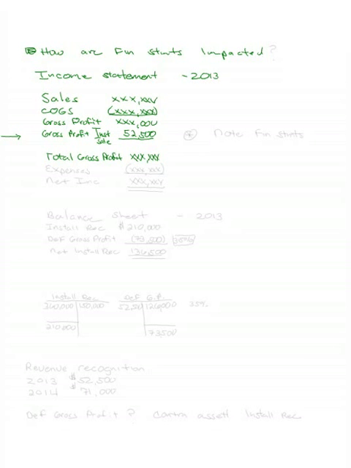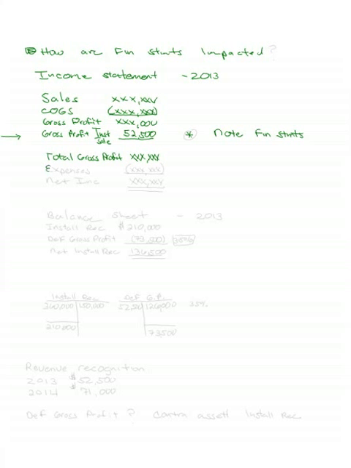Notice the sales aren't captured and the cost of goods sold aren't captured, just the gross profit is. And so you would have to put a note to the financial statements that told the readers how much the sales related to this gross profit were and what the cost of goods sold.